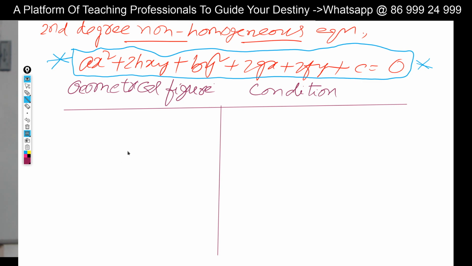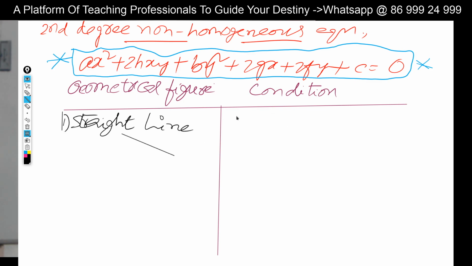Number one, the geometrical figure, the first one and very well known to all, is the straight line.